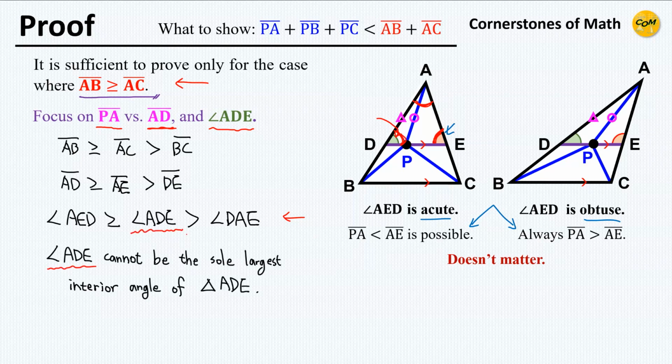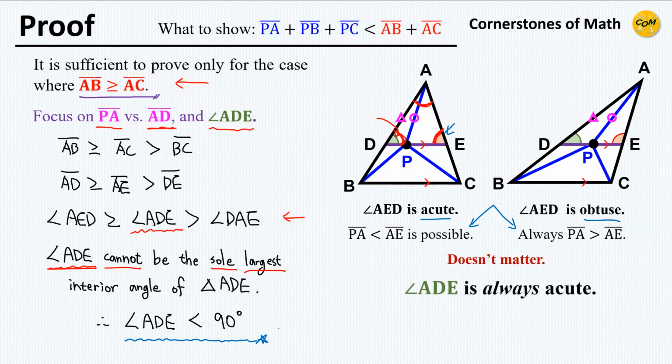Anyway, the important conclusion from this is that angle ADE cannot be the sole largest interior angle of triangle ADE. This means that angle ADE cannot be the obtuse angle. Hence, it must be an acute angle. This is the important conclusion that I wanted to draw from this condition.